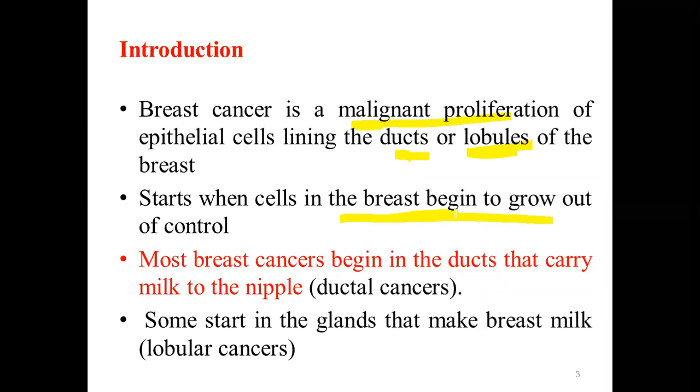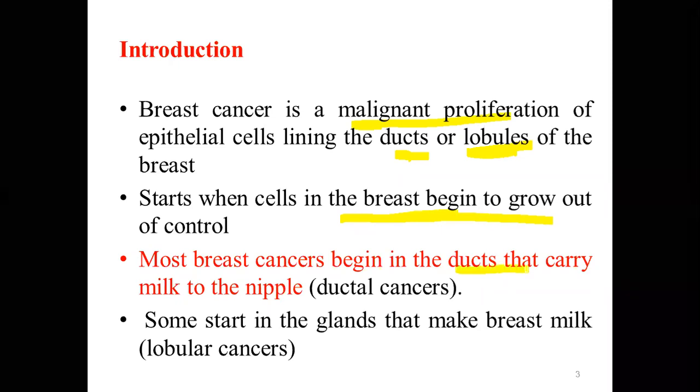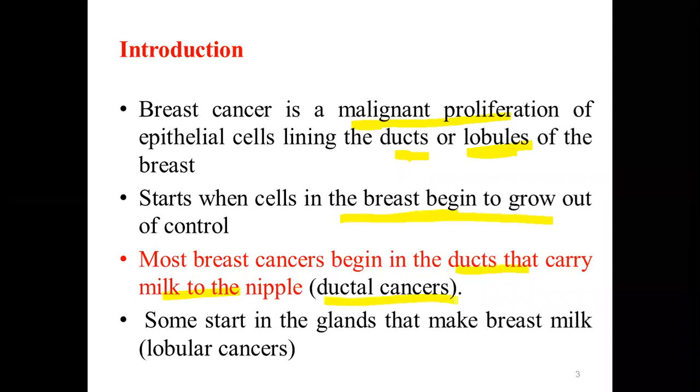Then most of the time, most breast cancers begin in the ducts that carry the milk. So ductal carcinoma of the breast is the most common type of breast cancer based on epidemiological studies. However, a small percentage starts in the gland that makes the milk, that is the lobule. So ductal carcinoma is the most common histology.